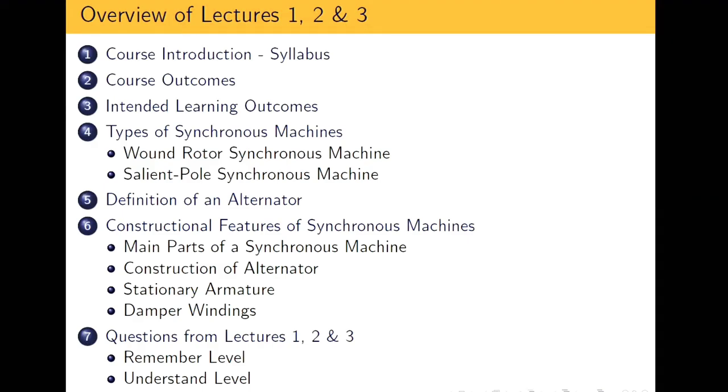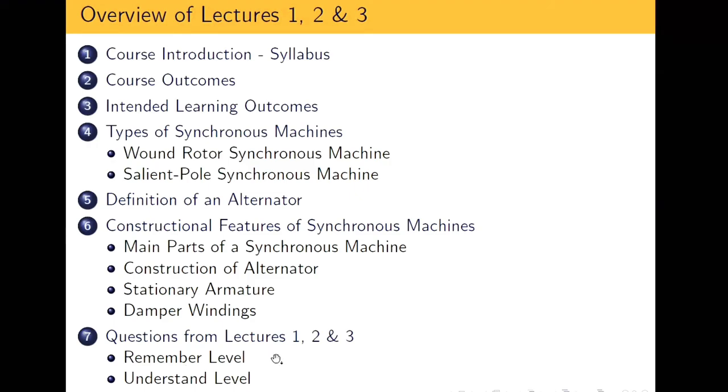All these things we have seen, and in the construction features, we will be seeing the stationary armature and the damper windings today.